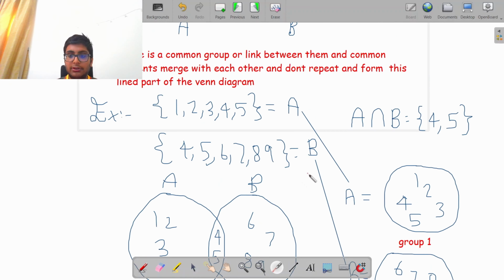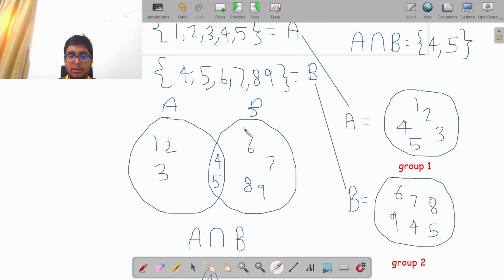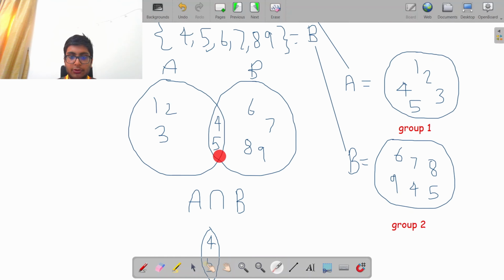So the result of it would be A intersection B equal to 4, 5. It's simple as that. And we have only colored this part because we are only taking out this part from it. Because what the intersection does is that it only takes the common parts between any of the two sets, or the common information that isn't unique within both the sets.